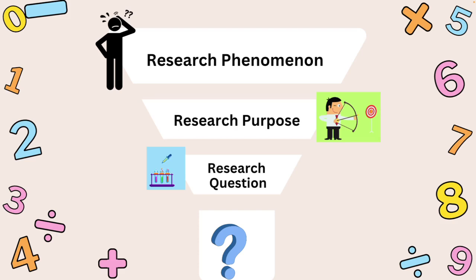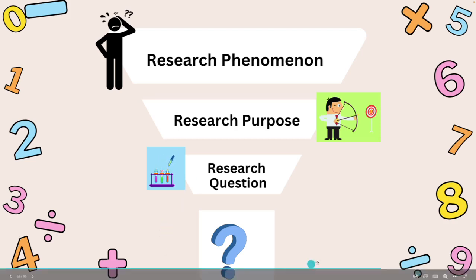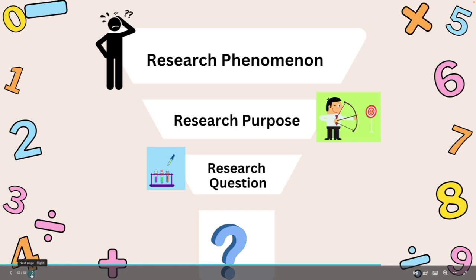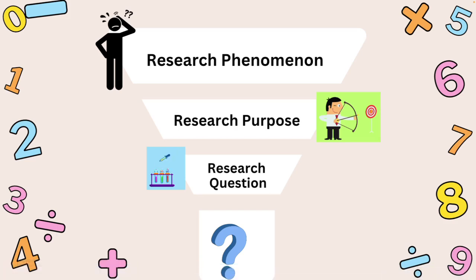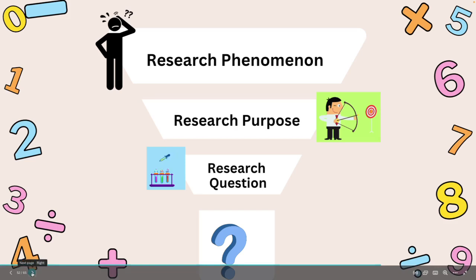So what effect does tenure have on teacher burnout? Is burnout related to location, or is burnout related to gender? This is the way you develop it. Now that you have that, you have to determine, are those variables quantitative or qualitative? So what is the overall question that you're asking?